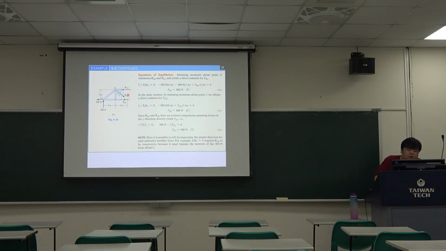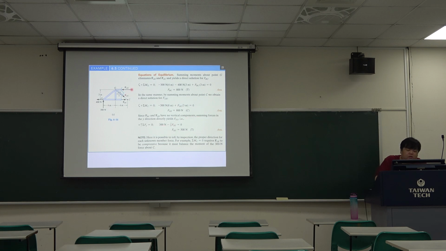Then we just use this force and these two forces to calculate the moment at point C. So we can do the summation MC equal to 0, and use this equation to get the FGE answer, which is equal to 800 Newton.